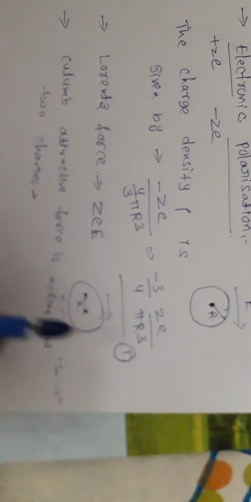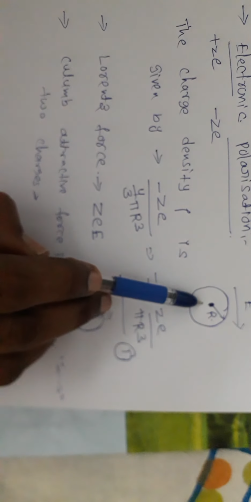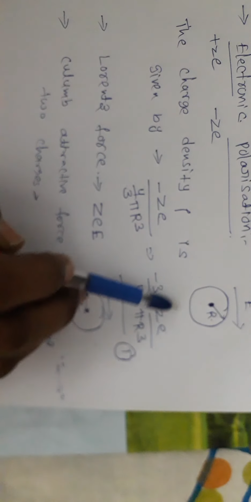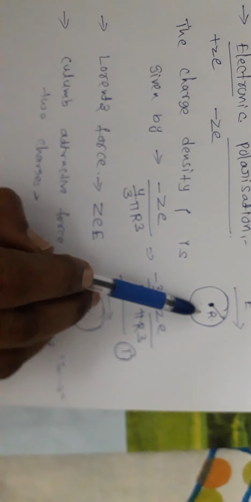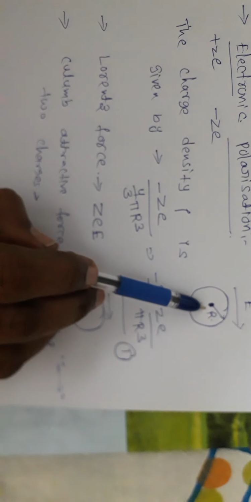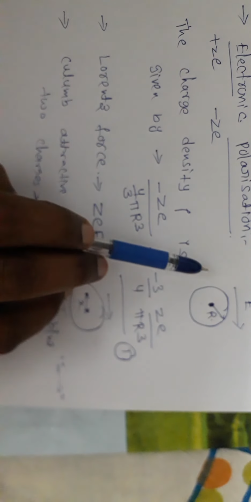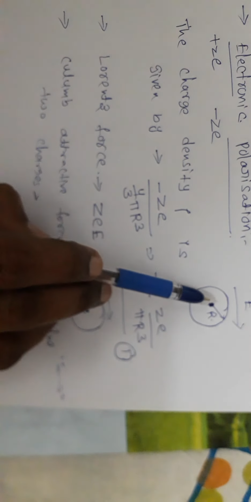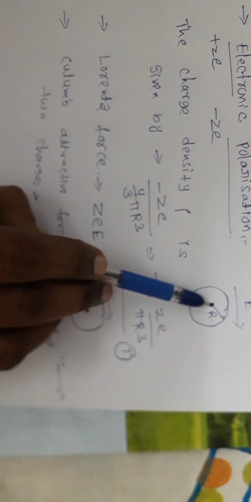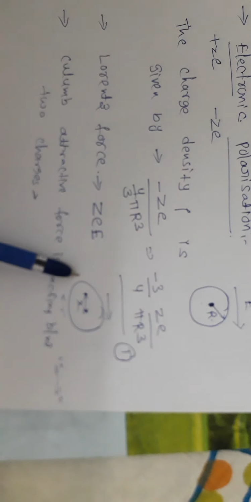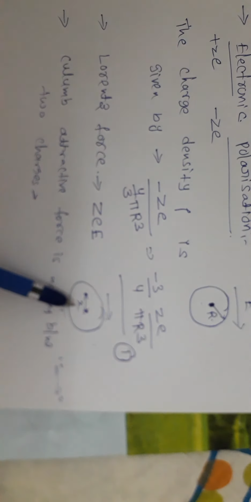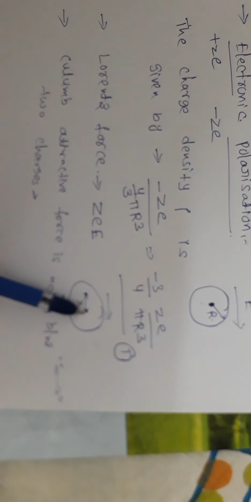Here the nucleus is heavier than the electron, so only the center of the electron cloud moves opposite to the field direction, displaced by distance x. We assume only the negative charge moves because the nucleus mass is heavier compared to the electron.